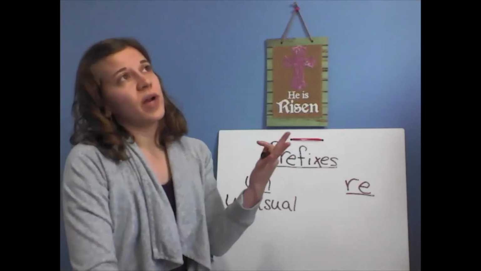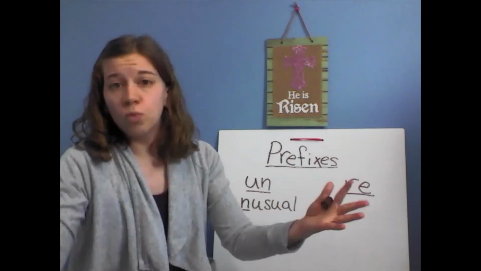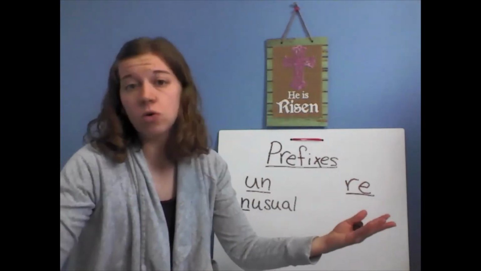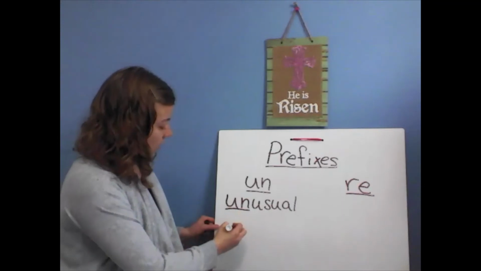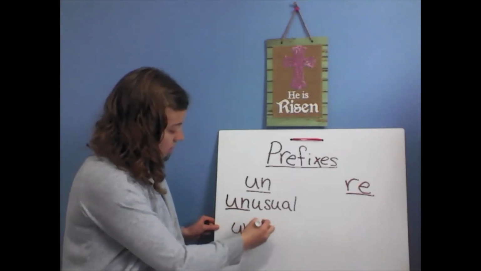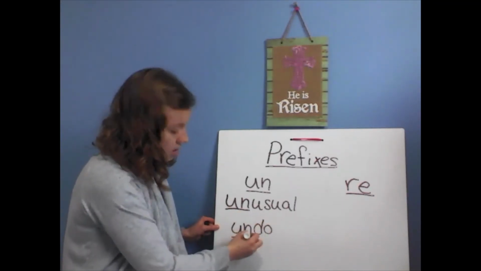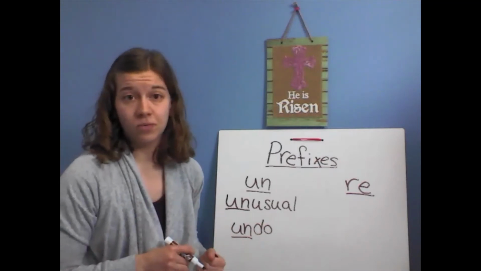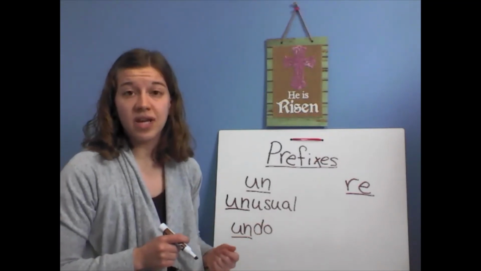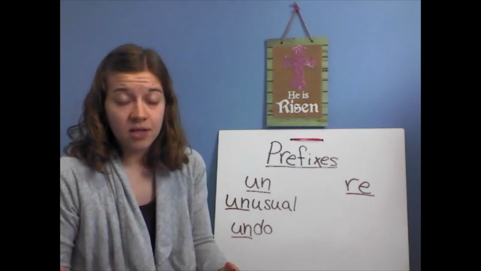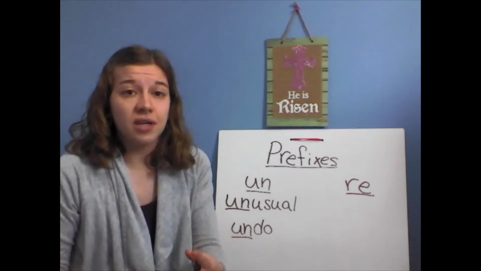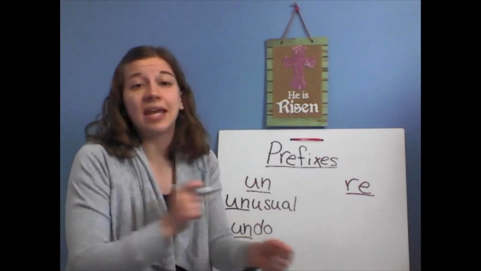So let's think of another one. How about do, when you do something? D-O, do. If we add U-N, we get the word undo. Undo, which means the opposite of doing. So instead of doing something, you're not doing it, or you're even taking it apart.